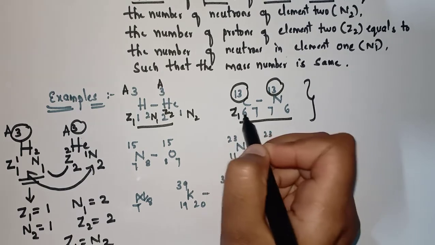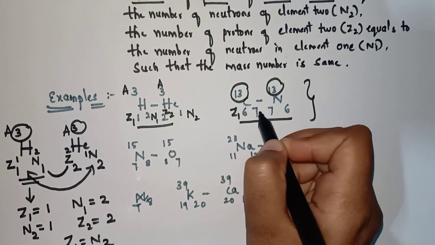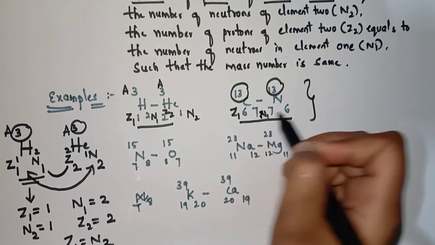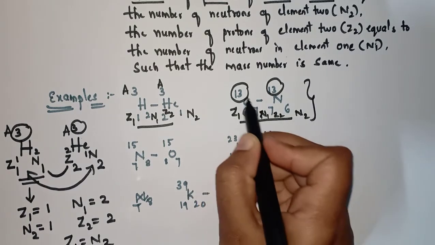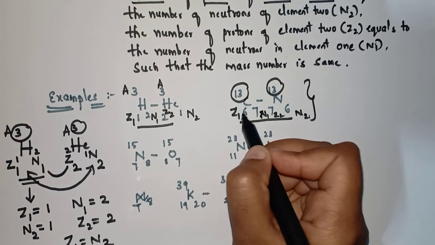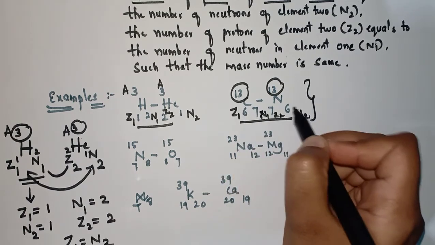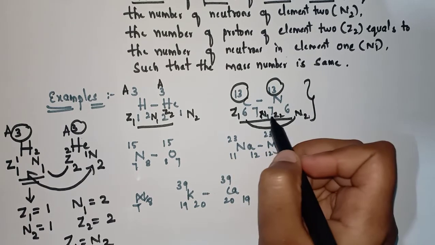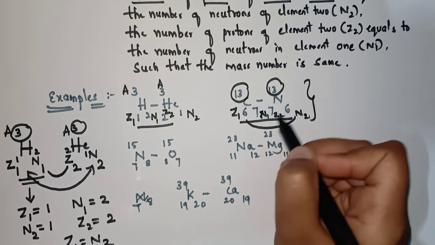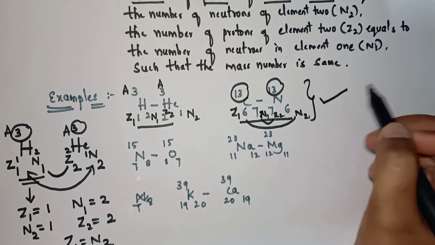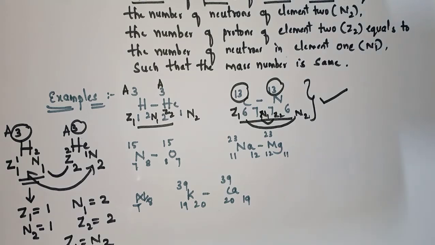Here Z1 is 6, with N1, and Z2 and N2. Z1 and N2 are equal, Z1 is 6 and N2 is also 6, and N1 and Z2 are equal, N1 is 7 and Z2 is 7. So this example also comes under mirror nuclei.